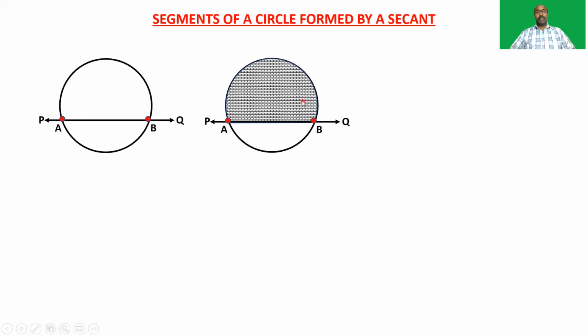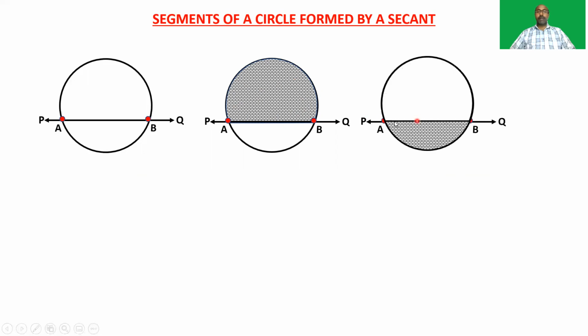And here one segment occupies more area and another segment occupies less area. The segment occupying more area is called the major segment, and the segment occupying less area is called the minor segment.